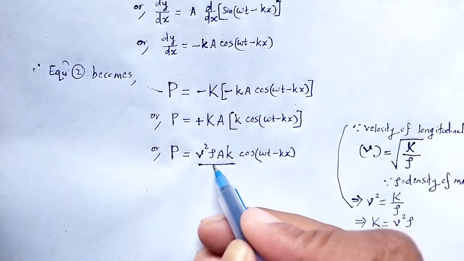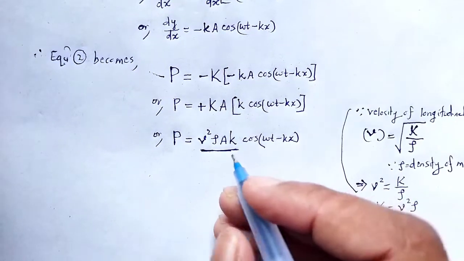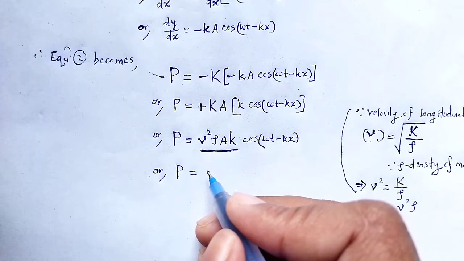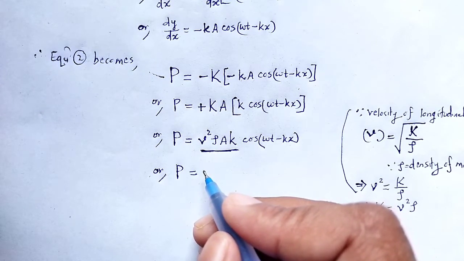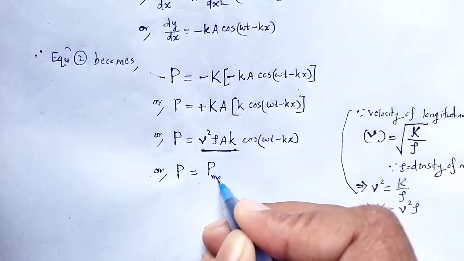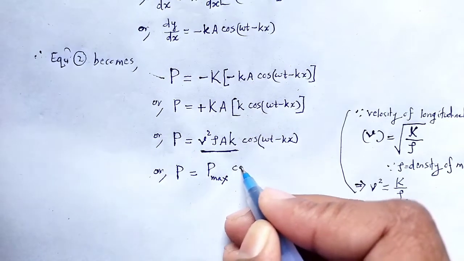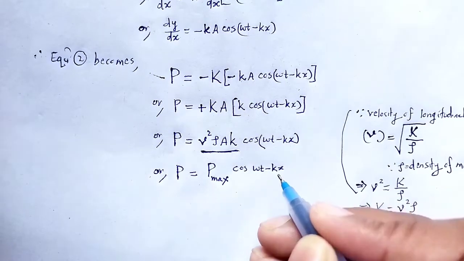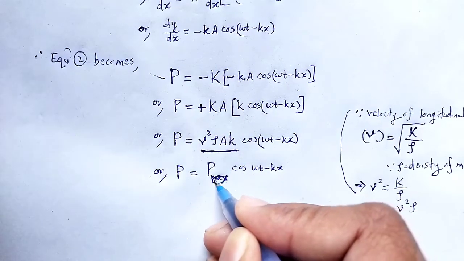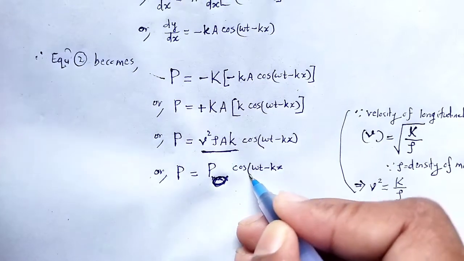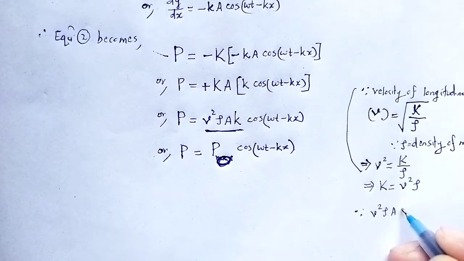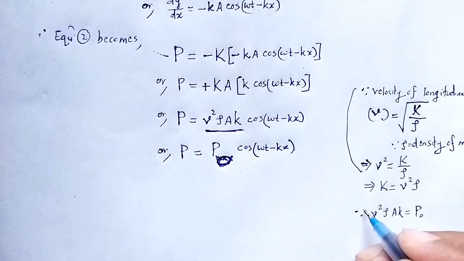Look here, that term v square rho a k is known as P maximum, and is denoted P naught.